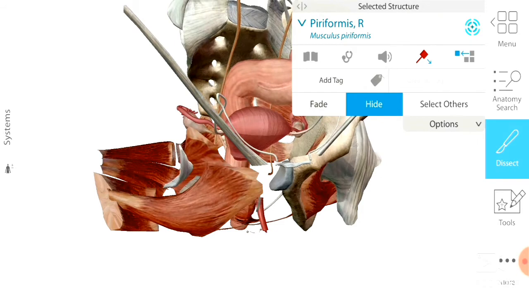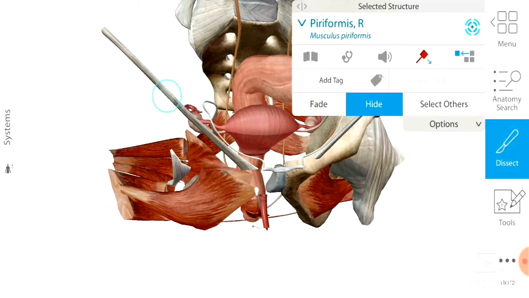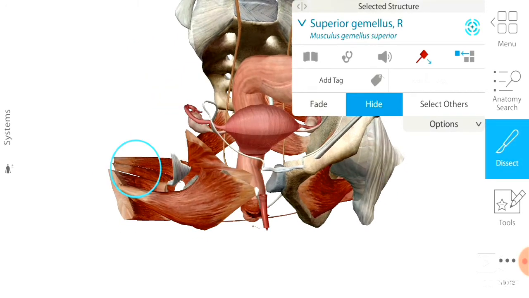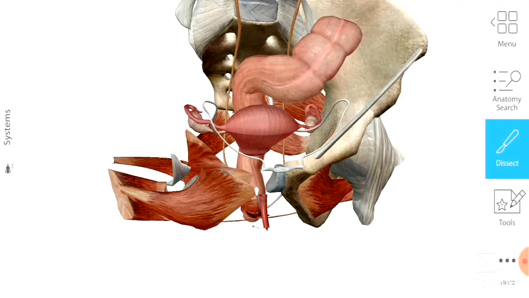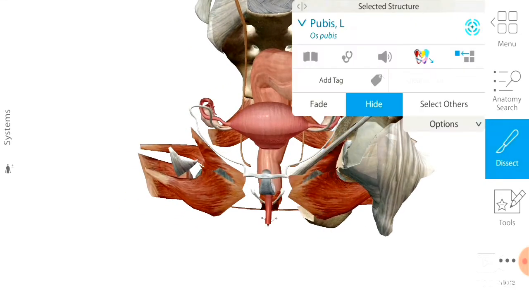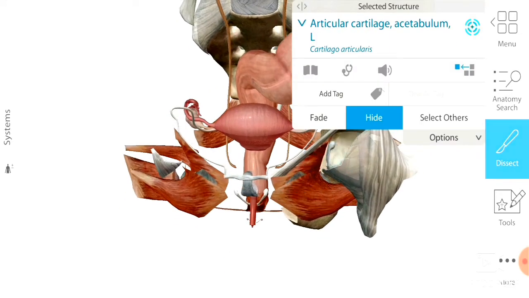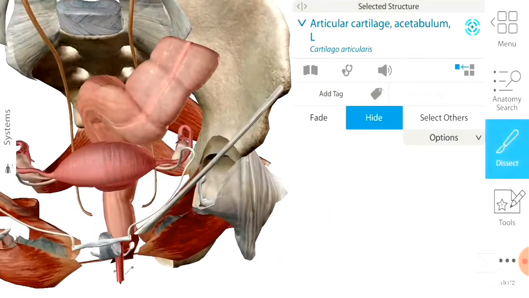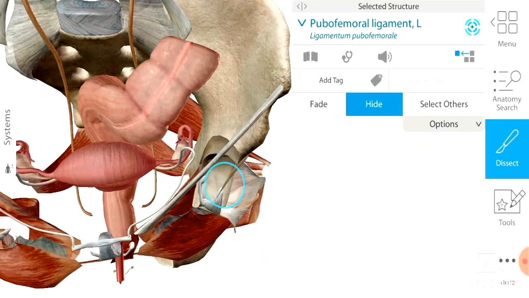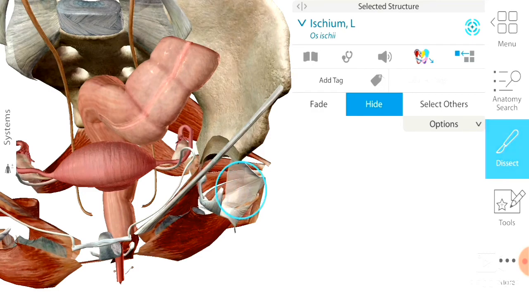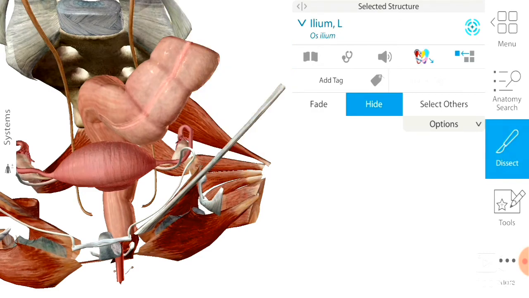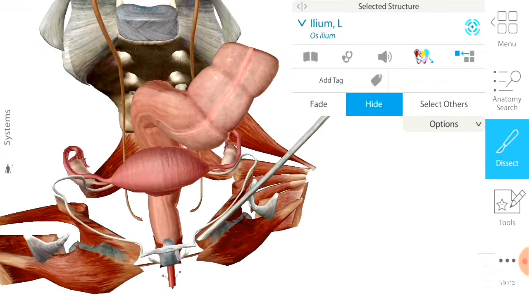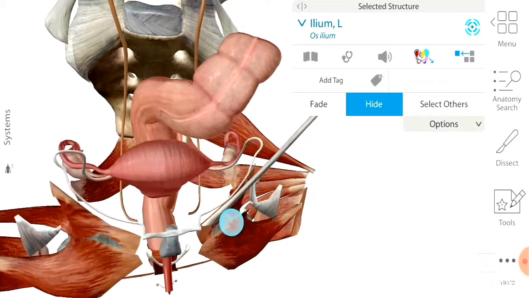And the ilium, the hip bone, is also removed. And tendinous arch is also going to be removed. And many other structures are visible from the inferior aspect of the perineum. Now the perineum is empty. Only the deep transverse perineal muscle is attached to separate the urogenital and anal triangles of the perineum.